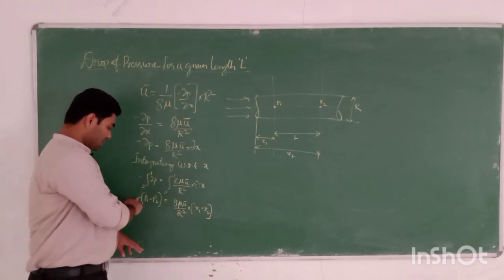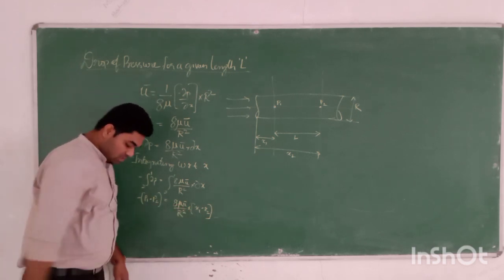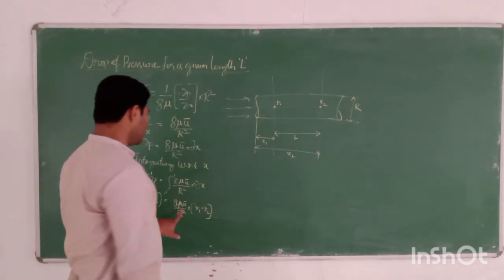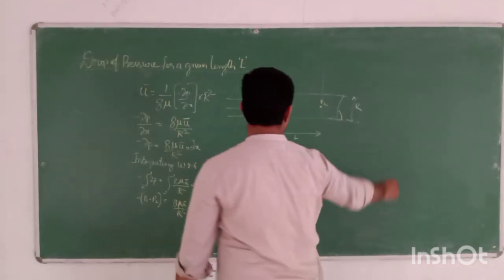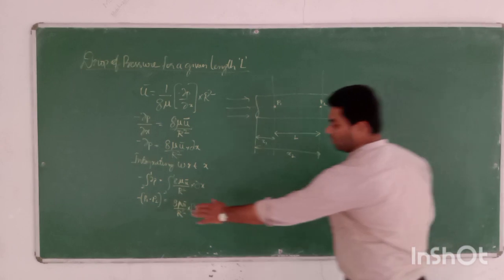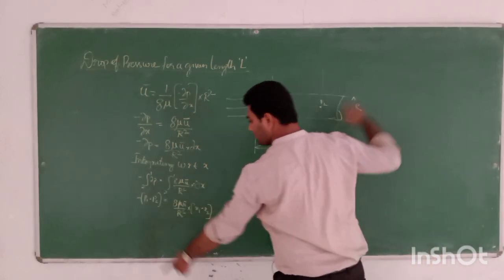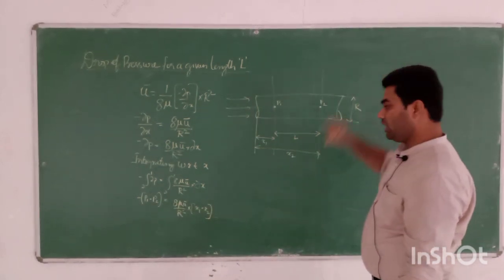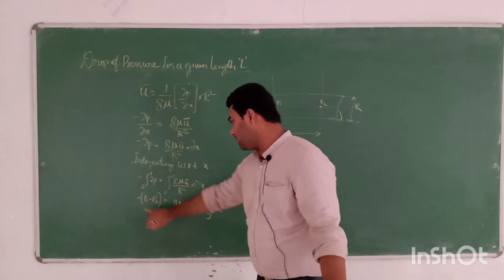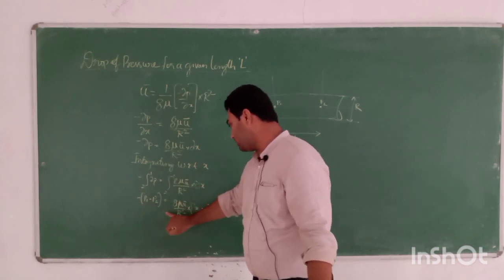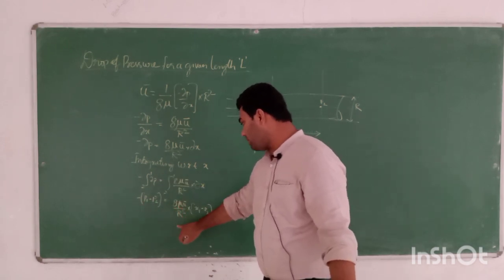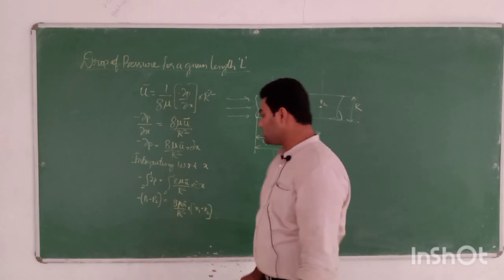Reconsider this equation and send this minus to the other side. What we got on integrating is minus (p1 minus p2) equals 8 mu u bar by r square into (x1 minus x2).